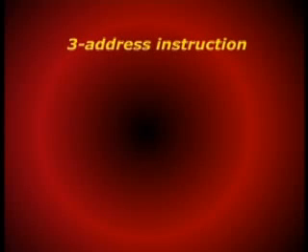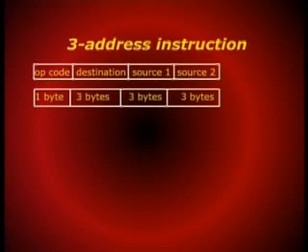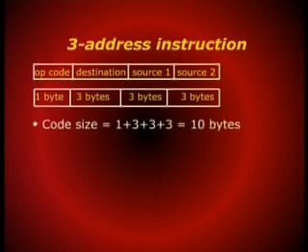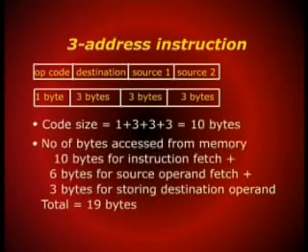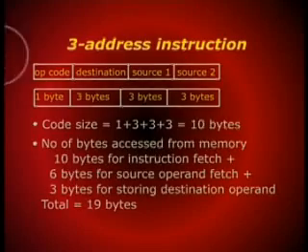Similarly, in the next slide, the working for the 3-address instruction is given. You will note that now the total code size turns out to be 10 bytes, and the number of bytes accessed from the memory in this case is 19.